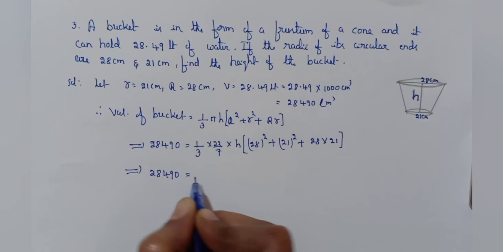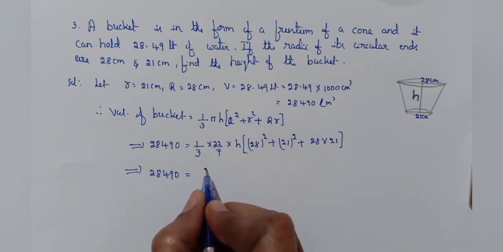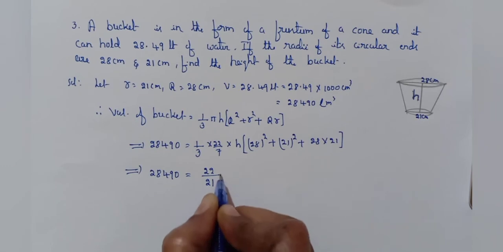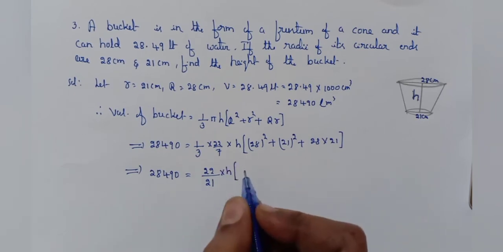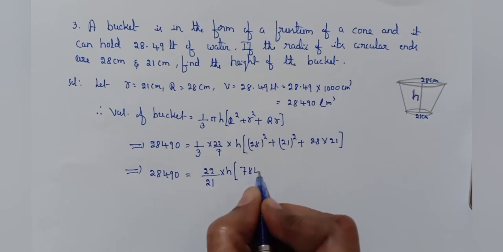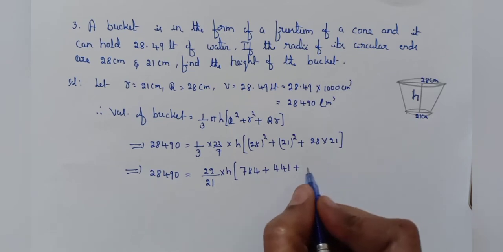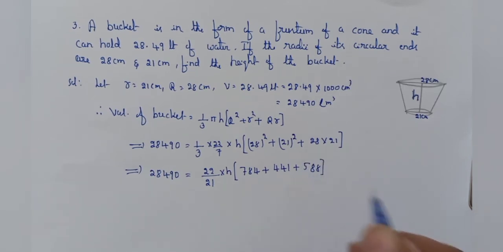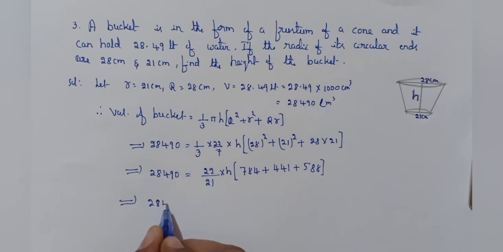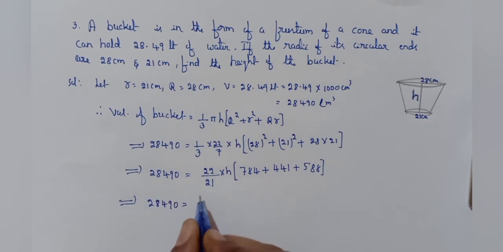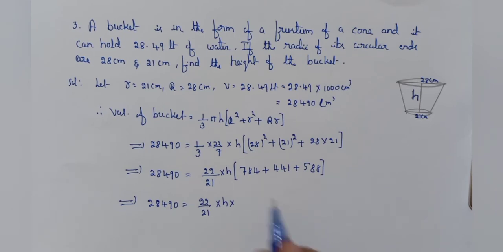Next, 28,490 is equal to 22 by 21 into h into (28 square is 784, 21 square is 441, 28 into 21 is 588). 28,490 is equal to 22 by 21 into h into the sum of 784 plus 441 plus 588, which is equal to 1813.